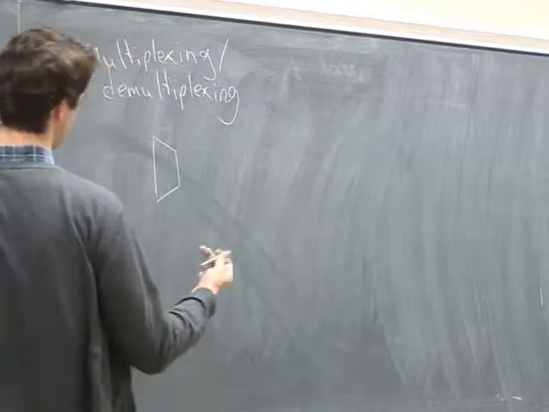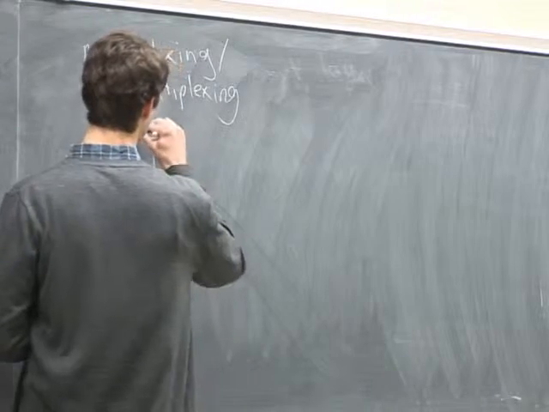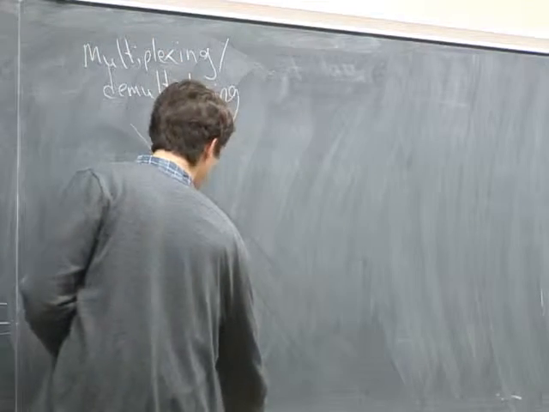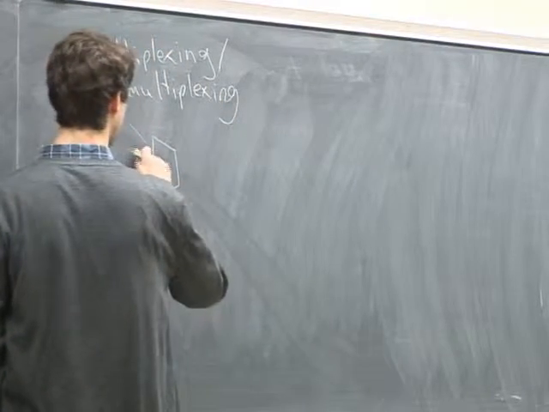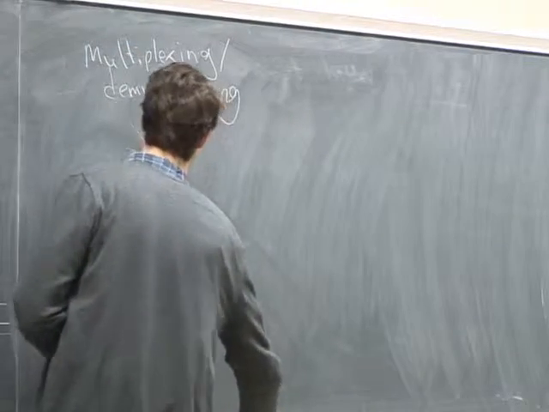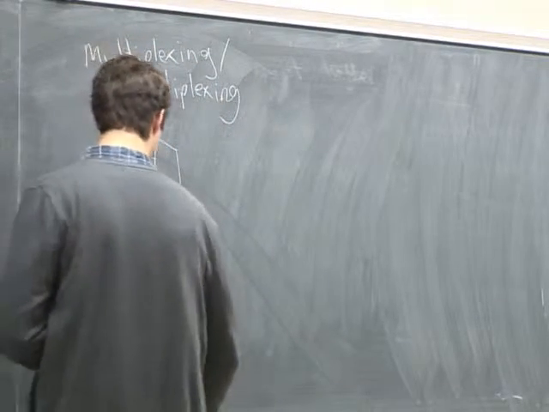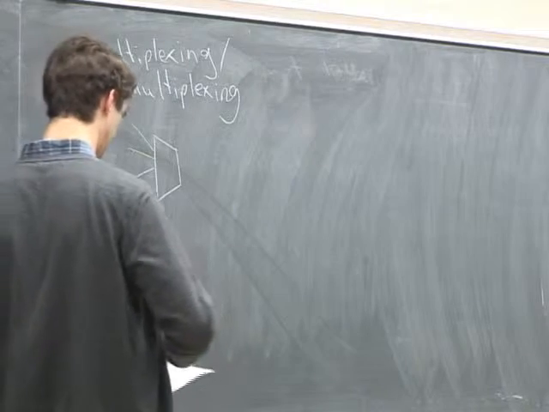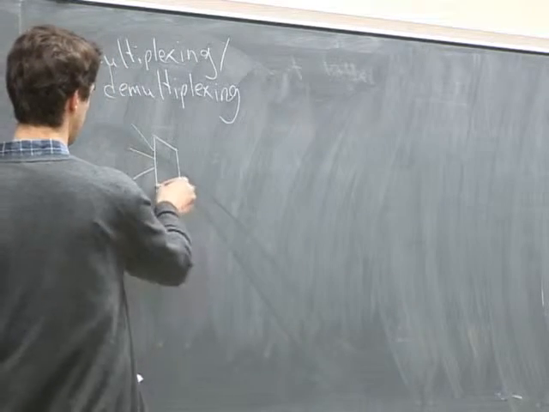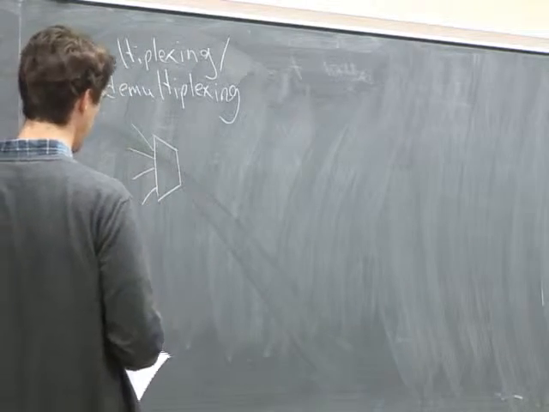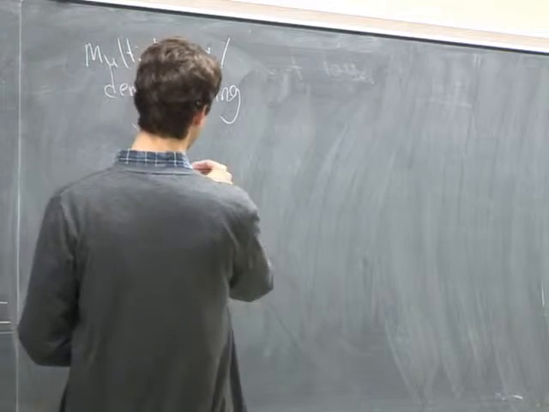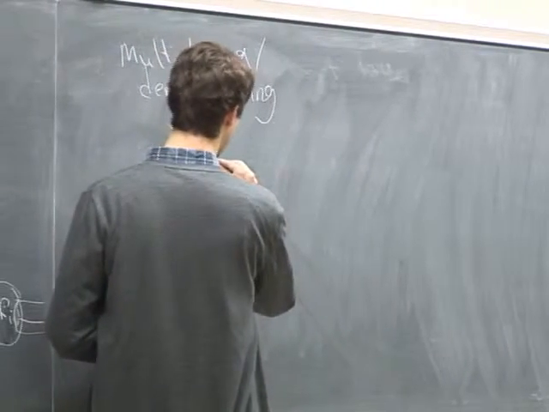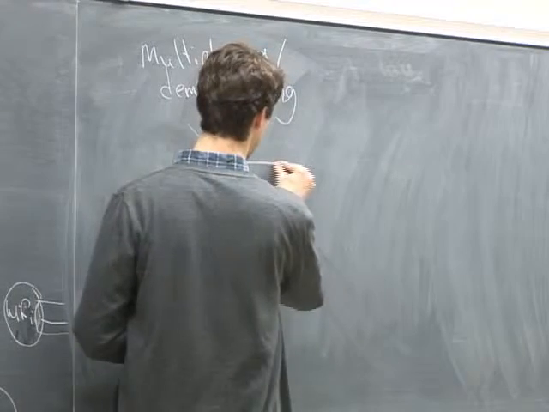You have a bunch of incoming signals, and I'll draw these with different colors. Let's suppose we have these four different incoming signals, the green, yellow, pink one, and white. And it multiplexes these onto the same outgoing channel.